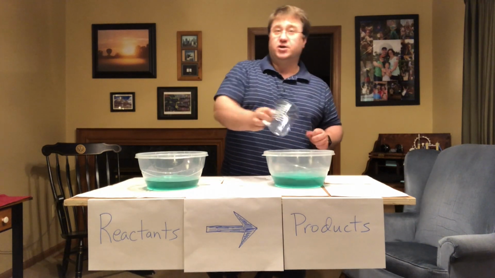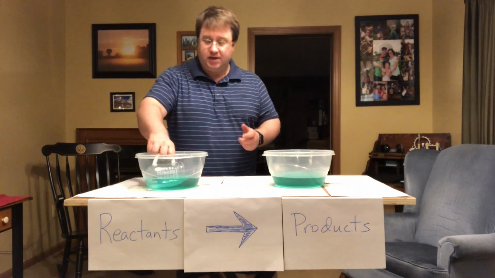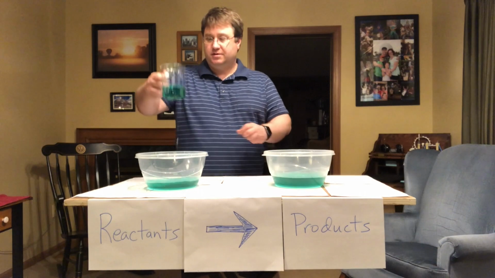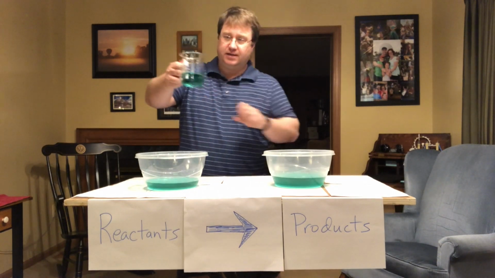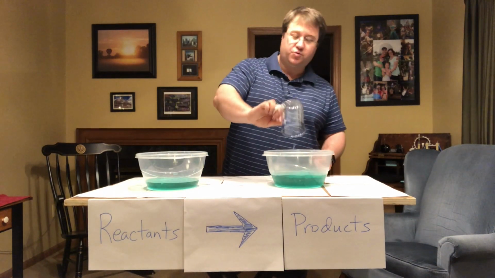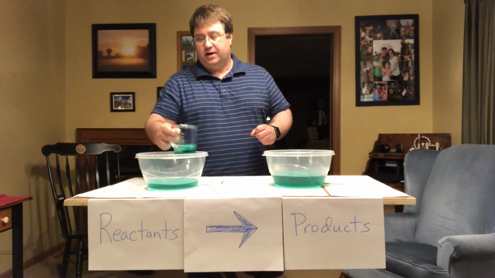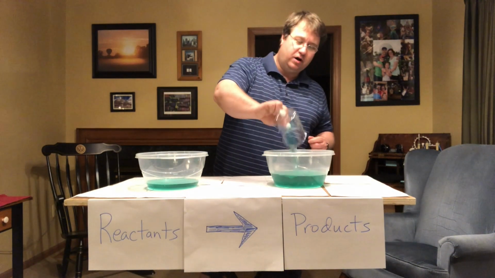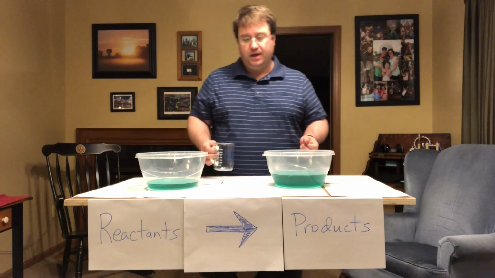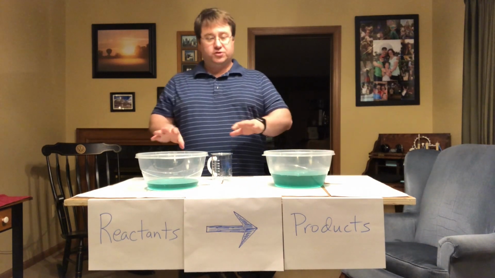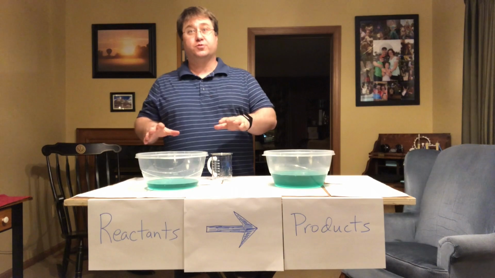It might slow down because we're running out of reactants. As reactants start running out, we get less and less of them reacting. So the reaction will actually slow down over time because we're running out of reactants. Okay? Now that's for an irreversible process or an irreversible reaction.